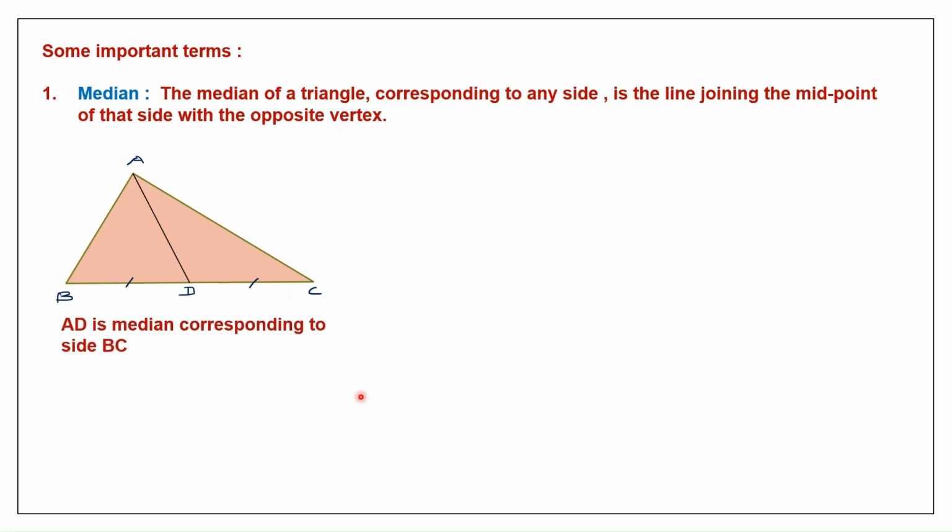So we have taken BC. Let's take another one. In triangle ABC, this time let's take side AC. You have to get the midpoint, and from the midpoint, the opposite vertex will be B. If you have a line from the midpoint to B, that is called the median of the line AC.